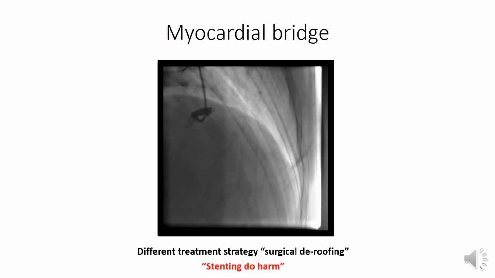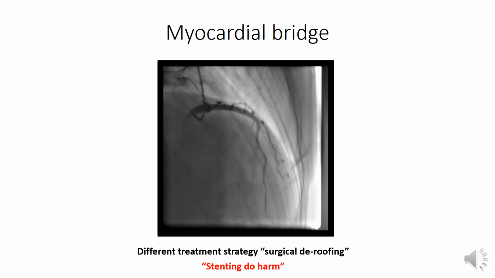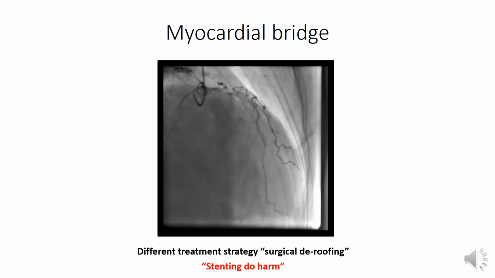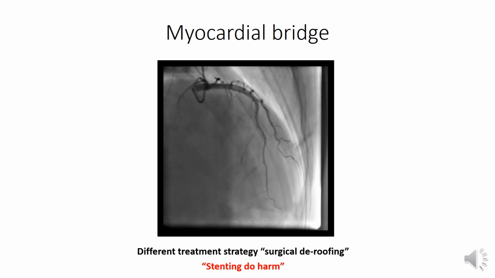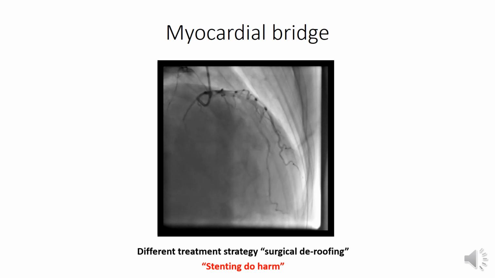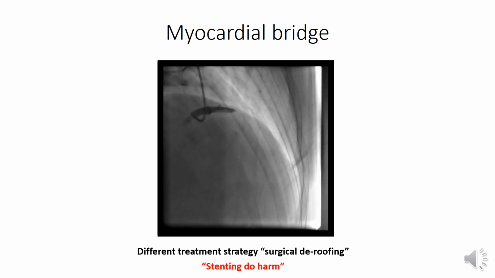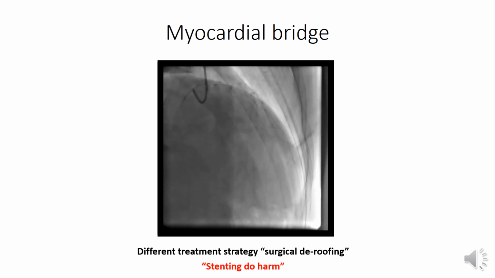But if this patient underwent just a stent on this segment, 99% this stent will become occluded due to a mechanical deformation of the stent. So in such a patient we must know this shape of the bridge and know that stenting in this case does harm.